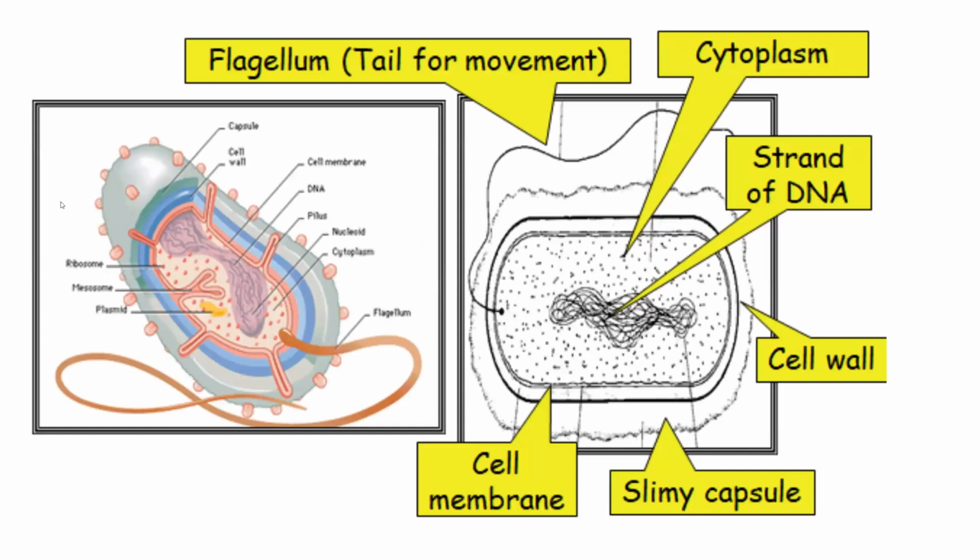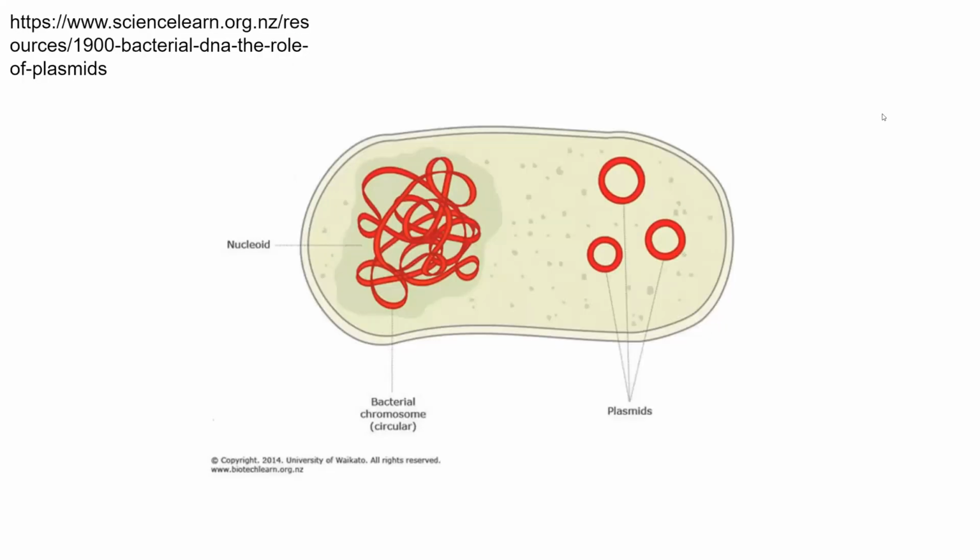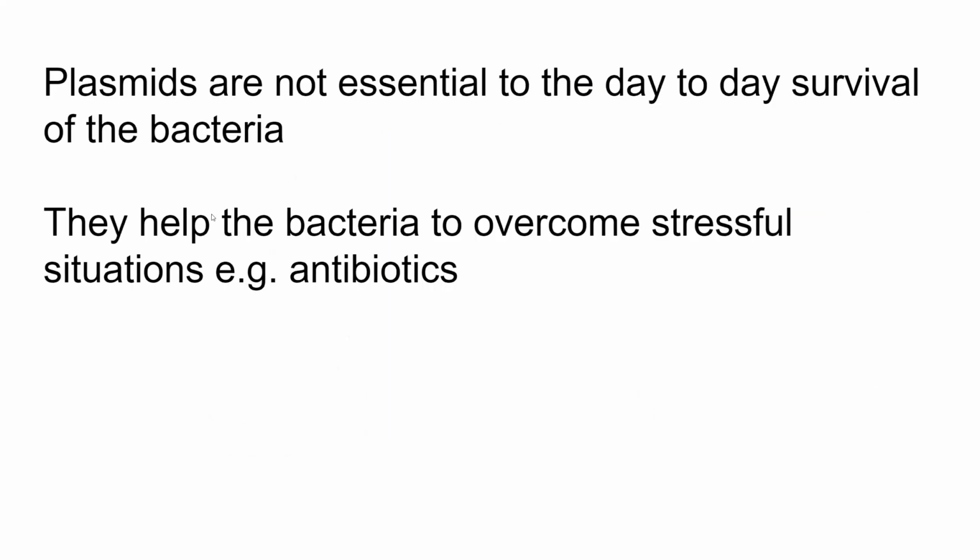Here's another picture just to reiterate what we just talked about. Similar picture, with the labels on the right. We looked at plasmids before and bacterial chromosomes. These are quite different, and we will look now at what they are. Plasmids are not essential to the day-to-day survival of the bacteria.